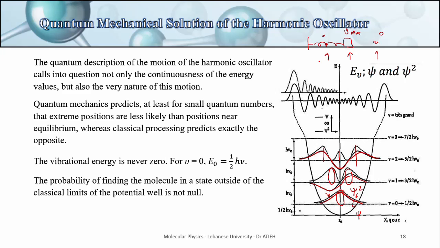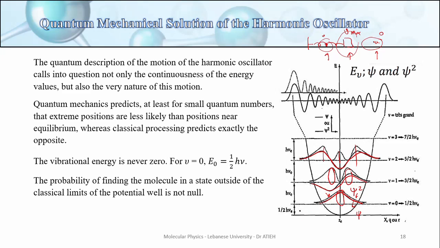So if it's going to spend some time, it will spend more time at the extremities than in the middle, which is opposite to what is shown using quantum mechanics. According to quantum mechanics, it's likely to be found in the middle and less likely to be found at the extremities.